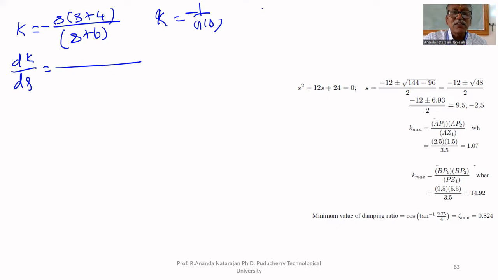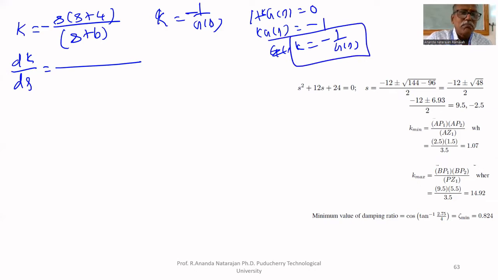How did we get this? 1 plus k g of s equal to 0 is the characteristic equation. Therefore, k g of s equal to minus 1. Therefore, k equal to minus 1 by g of s. So based on that, I wrote directly k equal to minus 1 by g of s.